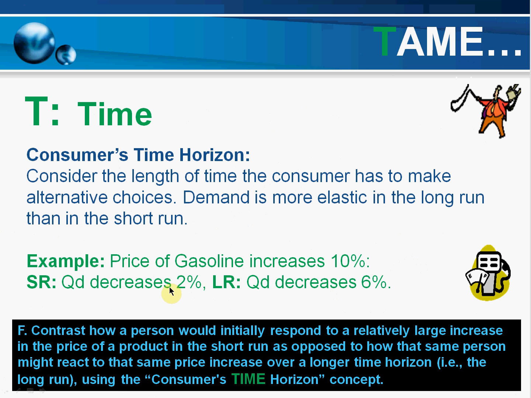Now, in our elasticity of demand equation, that would give us a 2 on top, a 10 on bottom. That's certainly inelastic. It's less than 1. However, in the long run, we find that consumer demand falls by 6%. 6 is still less than 10. It's still inelastic, but it's 3 times as strong as it was in the short run because consumers have more options.